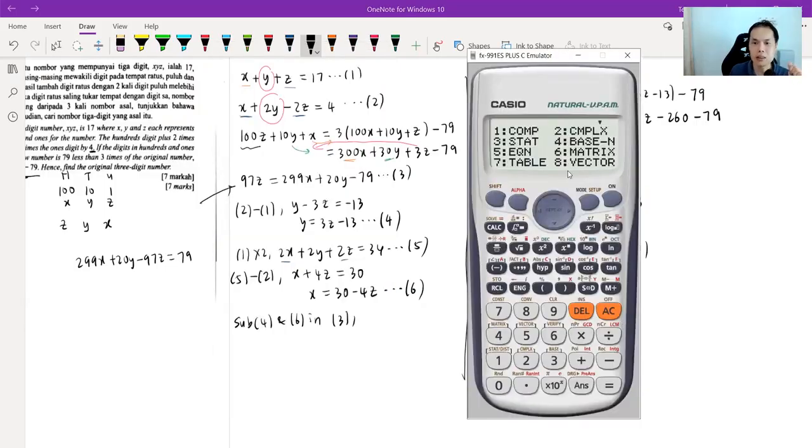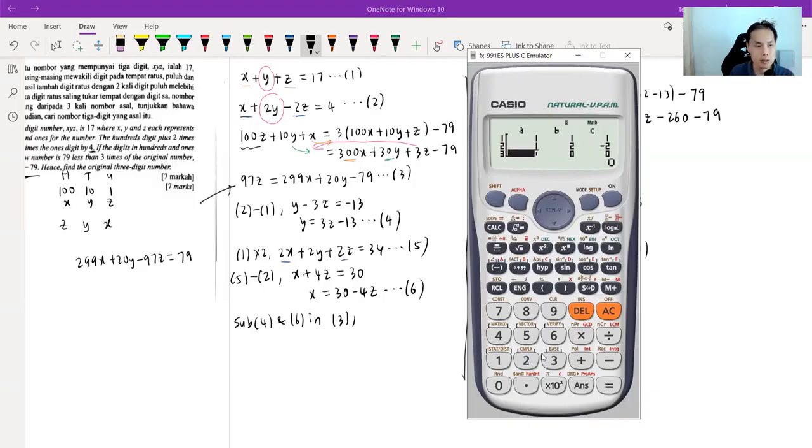If you have this calculator, press mode, go to number 5 equation, then go to number 2. Key in your x, y, z. For the first equation, your x is 1, your y is also 1, your z also 1, and your number at the back is 17. Second one is 1, 2, minus 2, and 4.